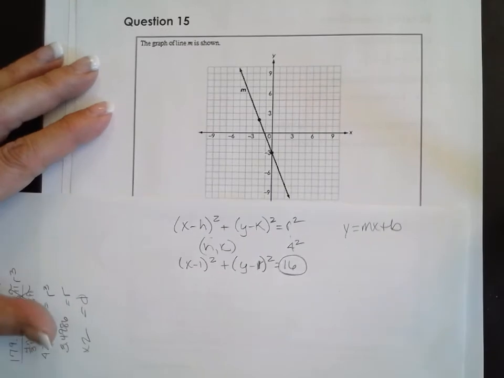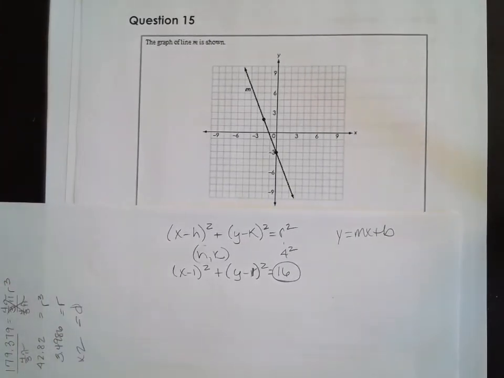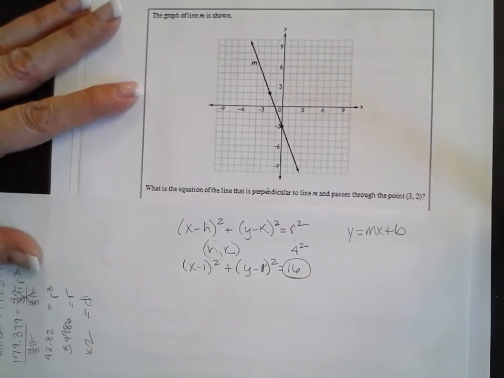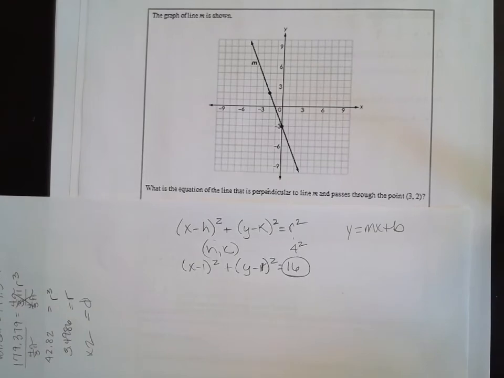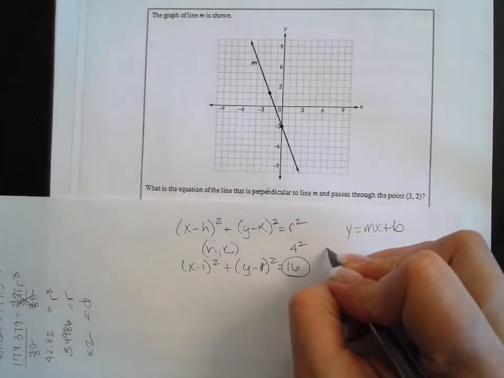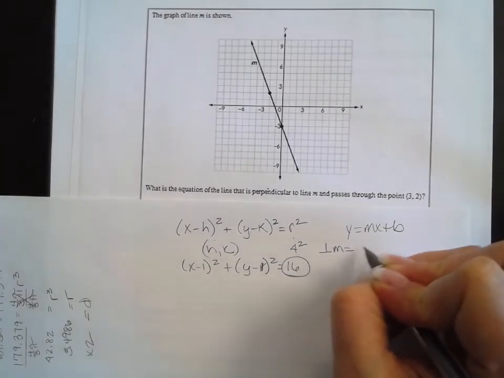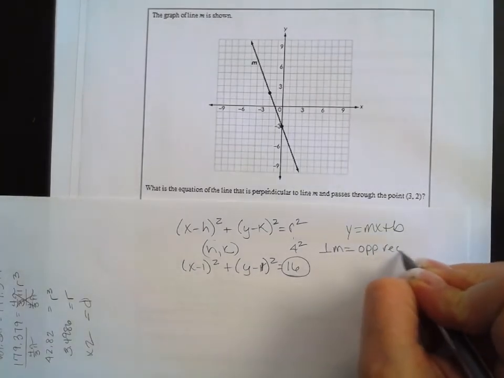So that means we need a slope and we need a y-intercept, agreed? Okie dokie, what do we know about perpendicular slopes? It's opposite reciprocal. Perpendicular slopes are opposite reciprocal.